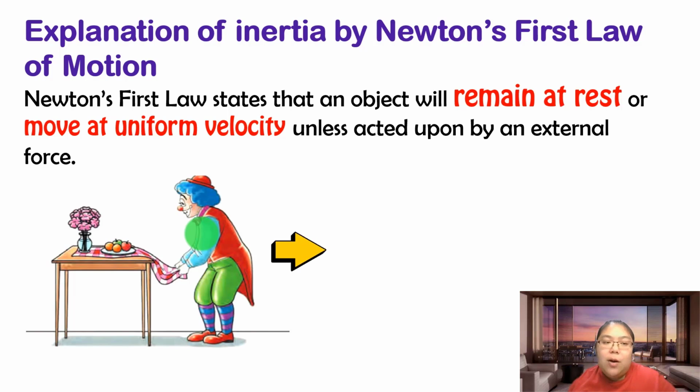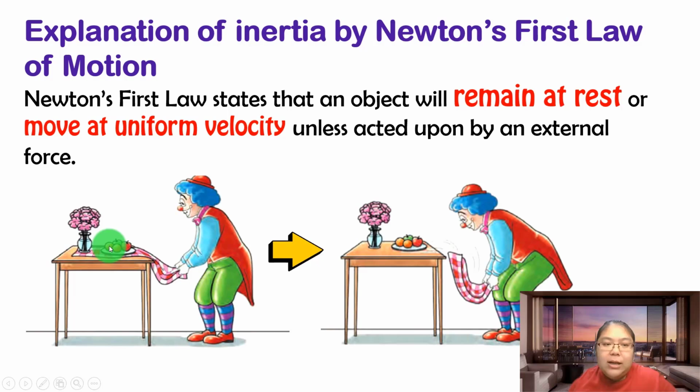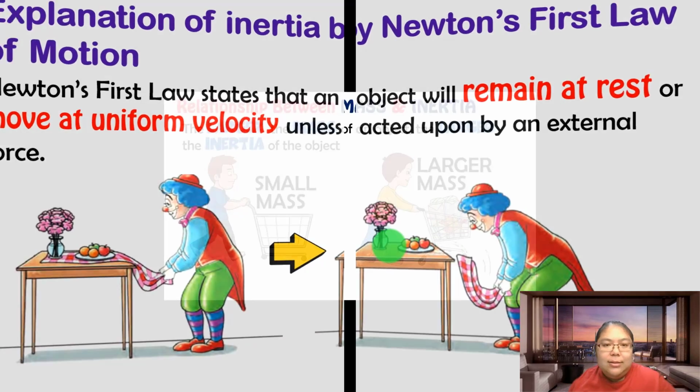Because the vase and also the plate have inertia, if the situation suddenly happens, the inertia cannot change immediately. They still want to maintain the original state, which is stationary. So we see the result. When they pull faster, you find both objects are still on the table and never follow the tablecloth or move together.